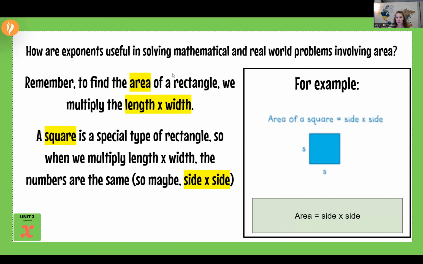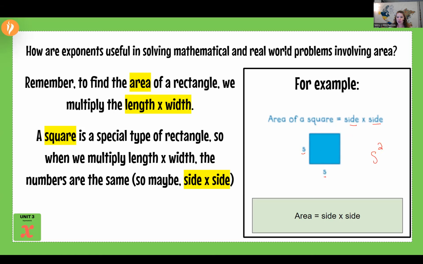All right, so that takes us to finding the area of squares and the volume of prisms. So remember when I said 5 squared or any number times itself? Well, if you have a square and it's asking you to find the area, you're literally going to multiply the two side lengths together. So S times S is the same thing as S squared.